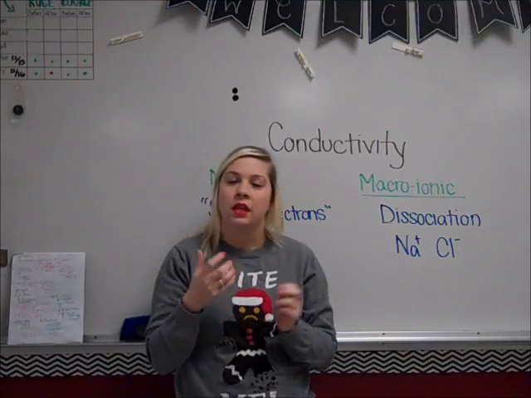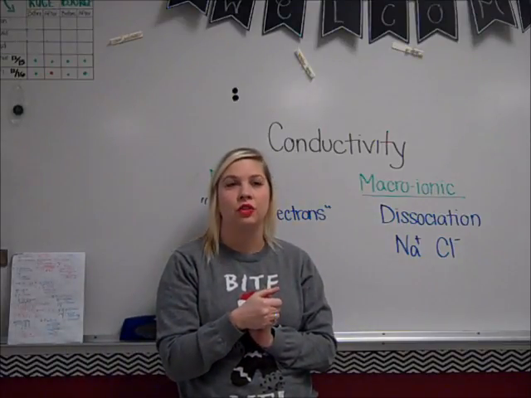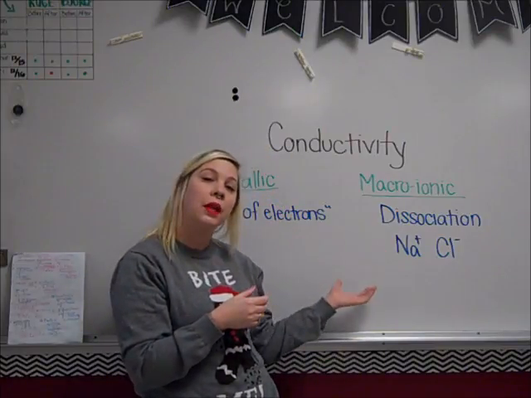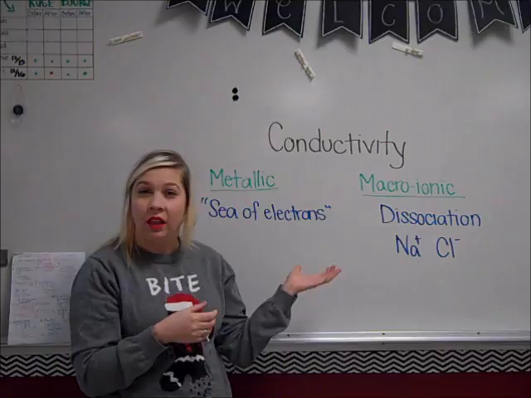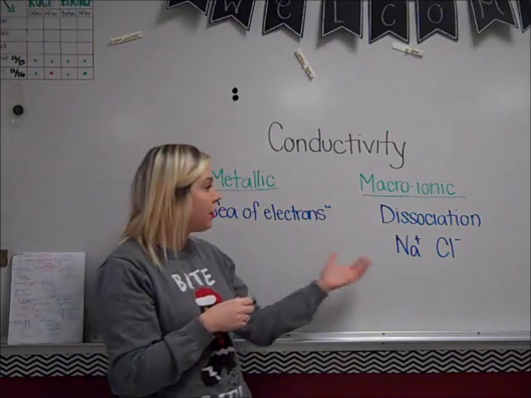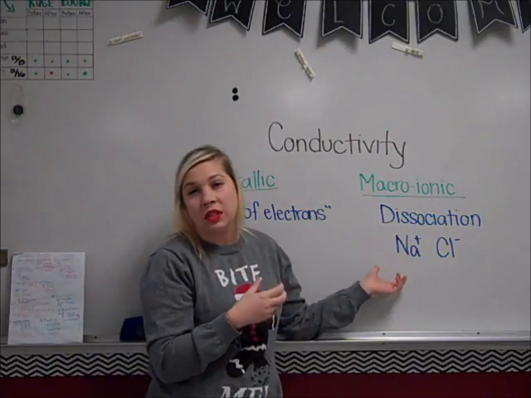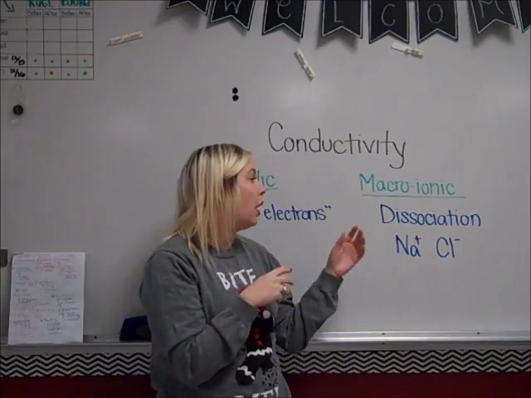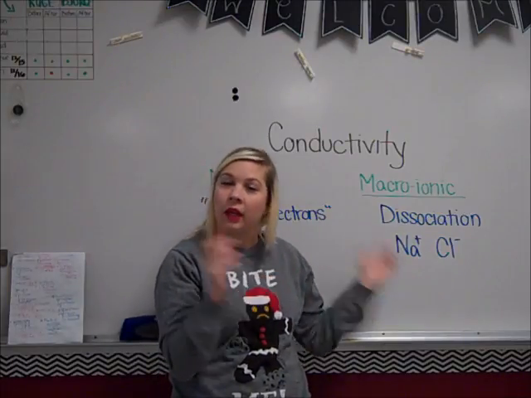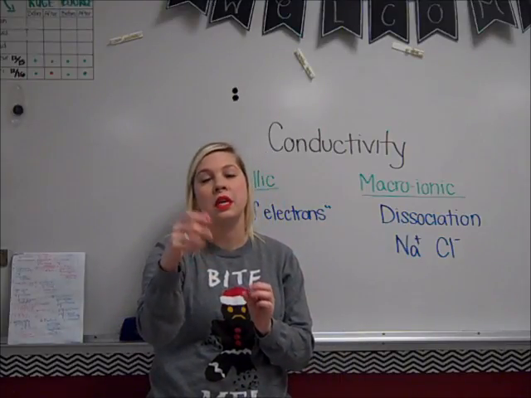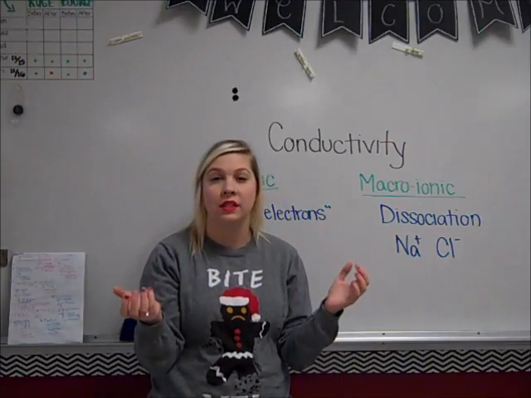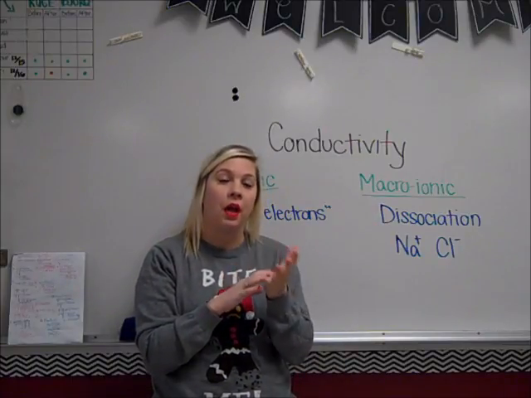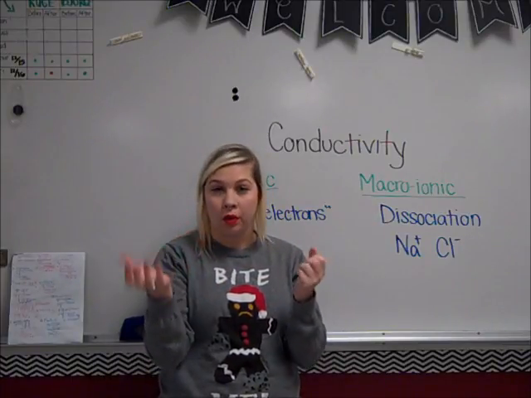The other one that conducts electricity is macroionic, and it actually conducts a little bit less than metallic, and the reason for that is because of dissociation of the ions. Okay, so what happens whenever you put a macroionic compound into water, let's say, it will separate, and you will have a sodium ion and you will have a chlorine ion.